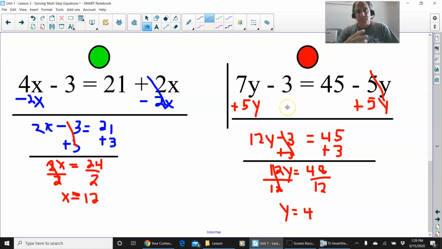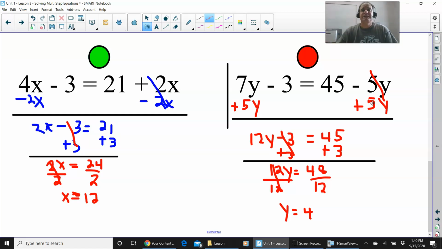On this side, this smaller coefficient is negative 5y, so I added 5y on both sides. You have 7y plus 5y, and that equals 12y. You bring down the minus 3, bring down the equal sign, you bring down the 45. If you subtracted 7y from both sides, you would end up with negative 12y on the right side.